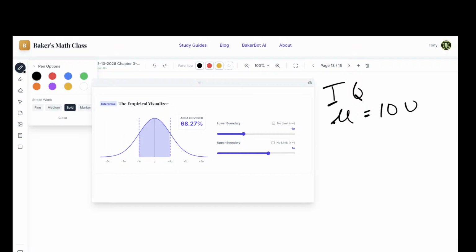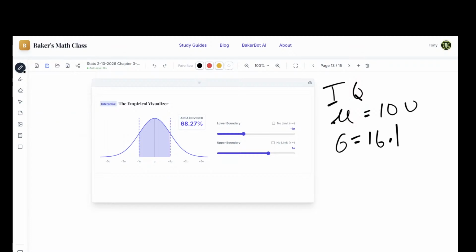And the standard deviation for it is 16.1. So they want to know, so one of the questions wants to know what percentage of people are between 67.8 to 132.2. They want to know what percentage of people are between those.